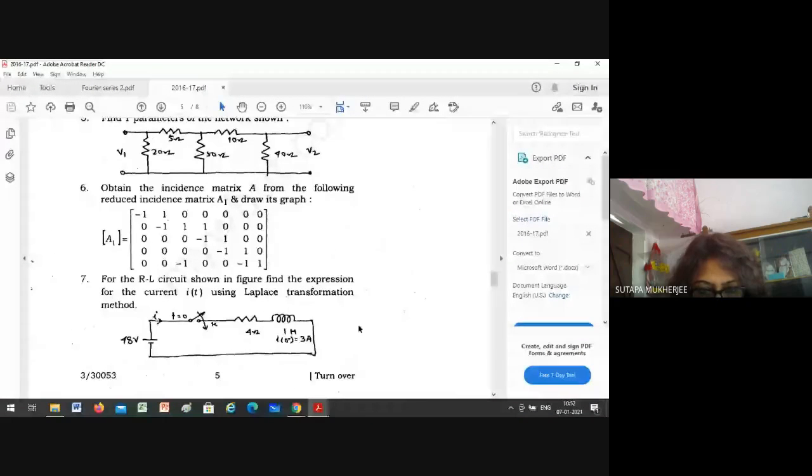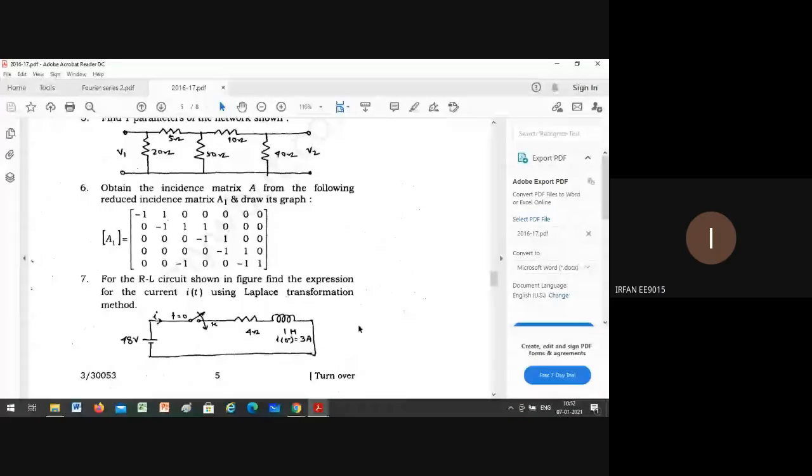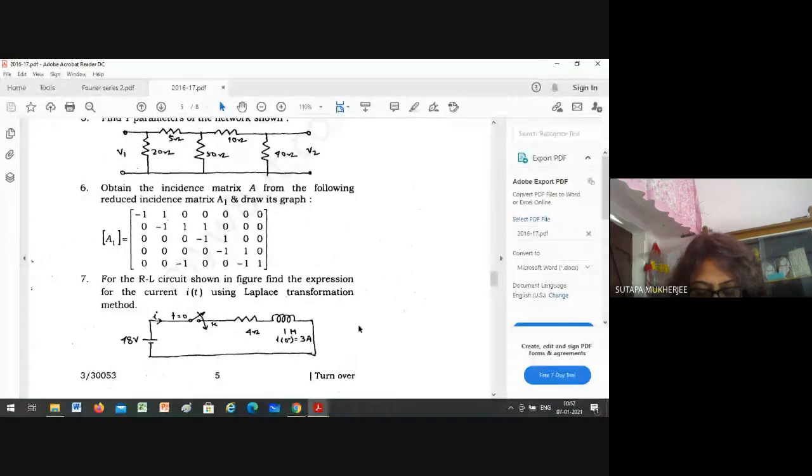Again you have to put a row. If you put a row, then what will be the element? What is the last element? 1, minus 1, 000 is there. But if you put a row, then another element will be added in the next column. What will be the other element, on the basis of the properties of the incidence matrix?